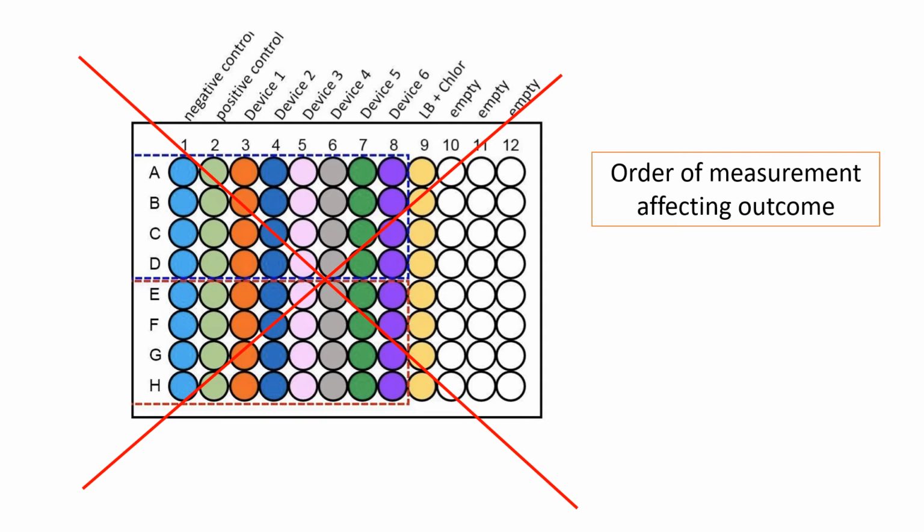If one treatment, for example the controls, occurs more often on the edges, differences between cases and controls can result from their place on the plate instead of something else. Same goes for ELISA or many other equipment. Differences in measurement outcomes occur over time or place, and therefore you should randomize your samples before measuring them.